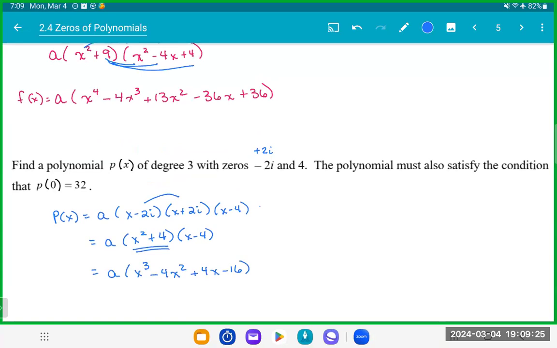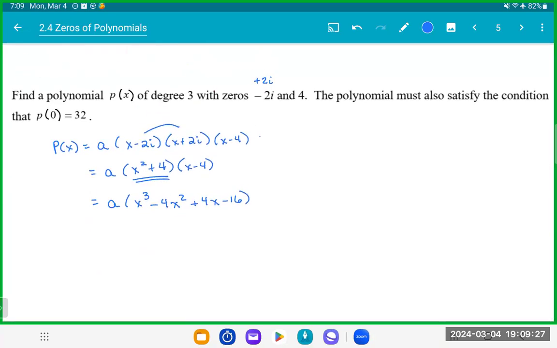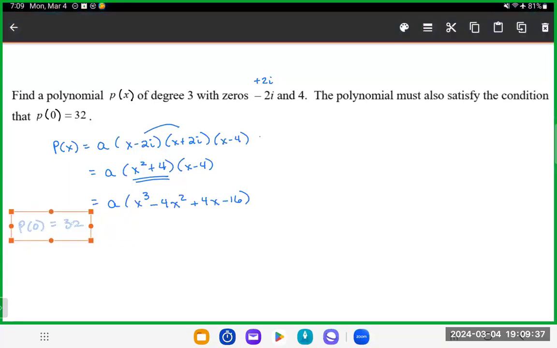So that's where we ended the previous problem, right? We had our function equal to that. Well, now we know that p of 0 is equal to 32, because we were given that as part of our problem.